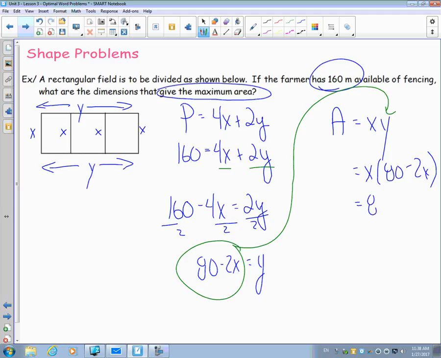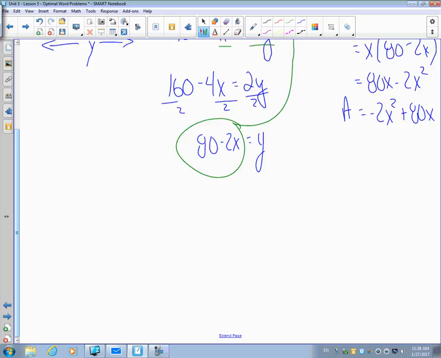And if I expand that and put it in the right order, I now have an equation for a quadratic, the area, based on x. I want to maximize my area. I want to optimize this. Let's try it. How do I find the axis of symmetry in standard form? Negative b over 2a, which comes out to 80 over 4, or just 20.